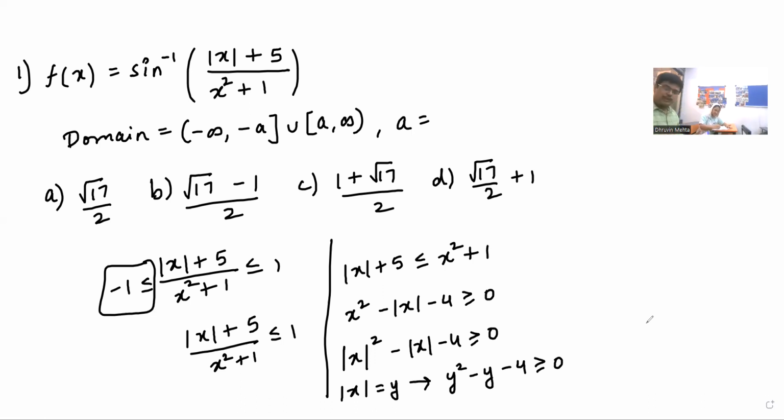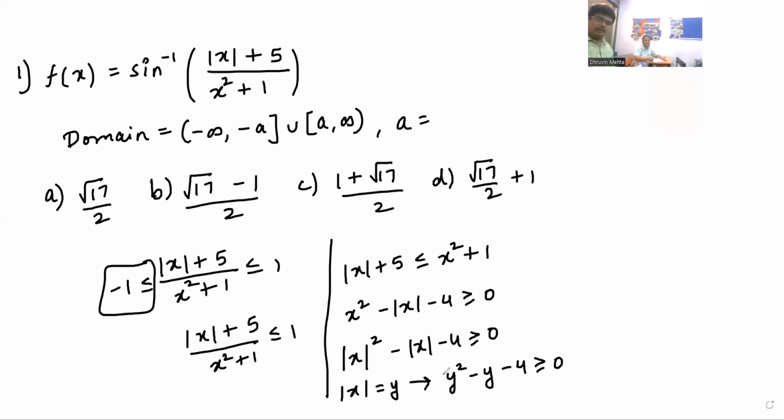Now do you know this trick? Whenever the y square term is positive and this is greater than equal to 0, that means the answer is going to be negative infinity to some number union that same number to infinity. We will find these numbers. But do you know that whenever it is greater than equal to 0, the answer is on either side of the numbers?